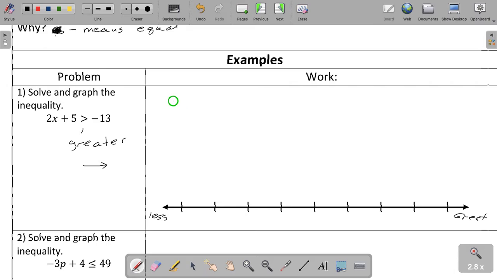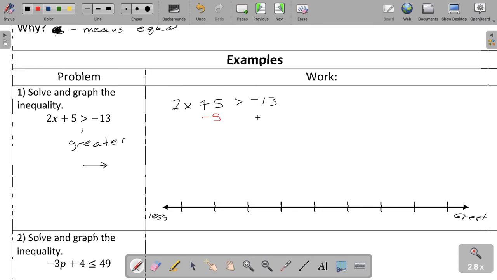Okay, let's solve it. 2x plus 5 greater than negative 13. We want to work farthest away from the x. So again, we're going to get rid of this plus 5 and this times 2, but we're going to get rid of the plus 5 first. And how do you get rid of plus 5? You minus 5.